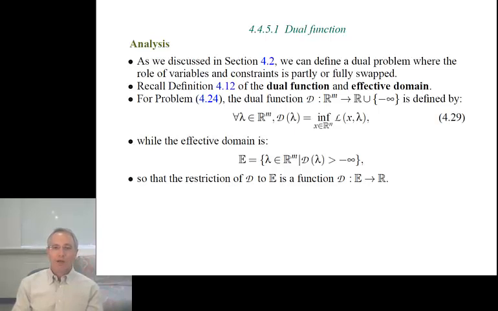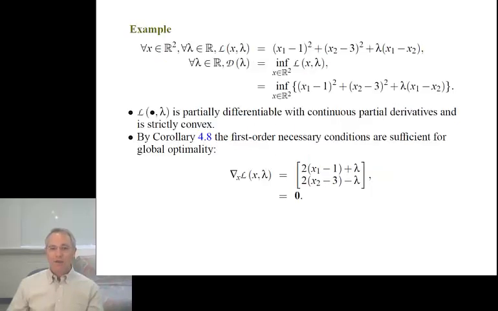We've got the dual function equal to the inf of the Lagrangian, and the dual problem involves maximizing the dual function over the values of lambda. The effective domain is the set of lambdas where the dual function is greater than -infinity, and we can consider maximizing that dual function. Let's go back to the example.